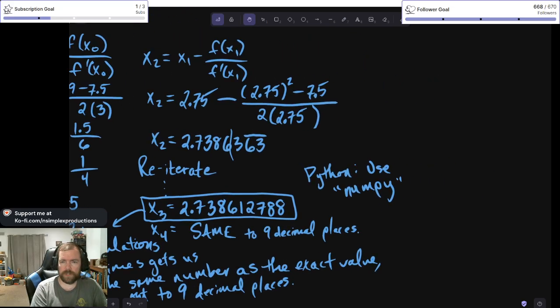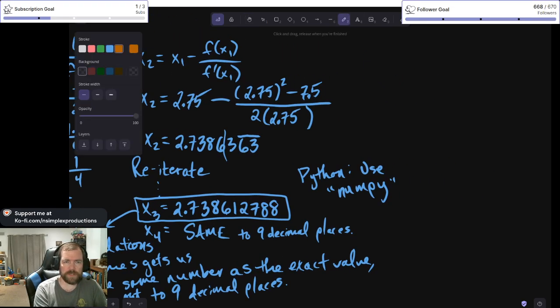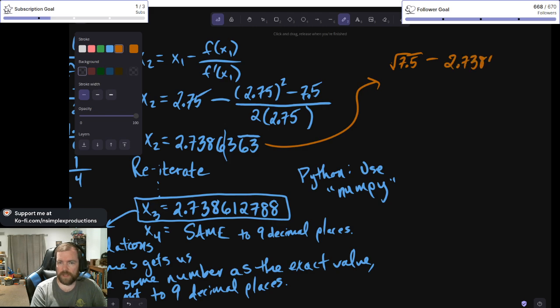So let's actually look at how accurate that is in the first place, because I said I want this to be within like 0.5%. I think we've got it here. So our actual number, root 7.5 minus this number, 2.73863 with the 6-3 repeating, over the exact value of root 7.5 times 100%.